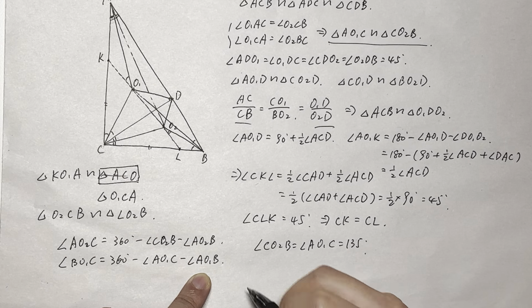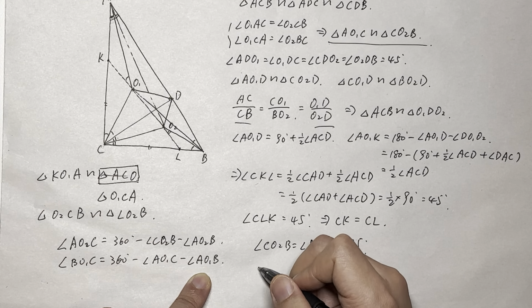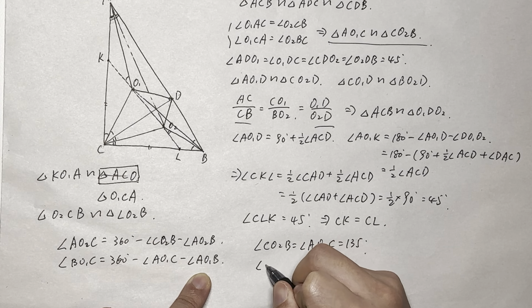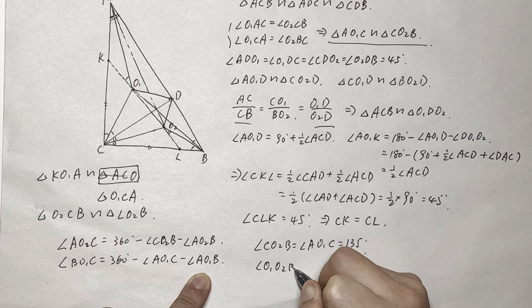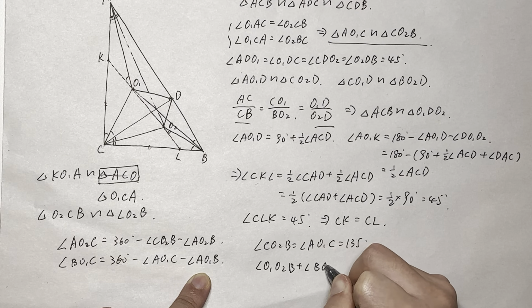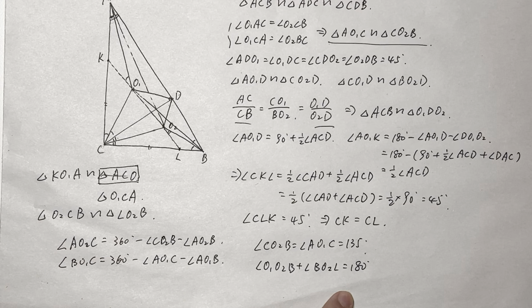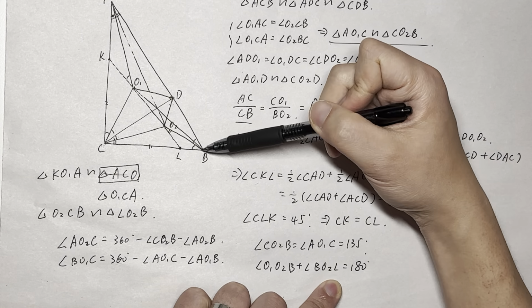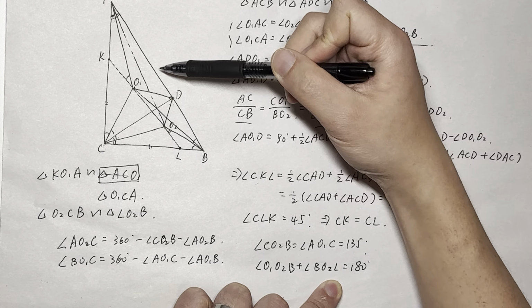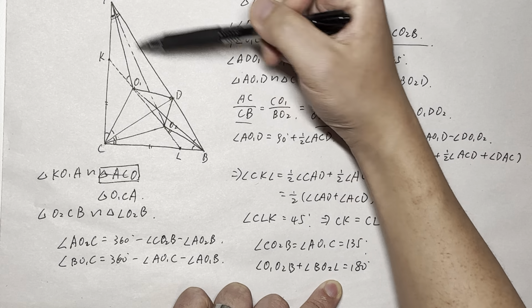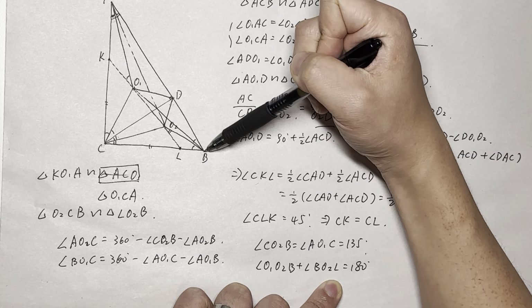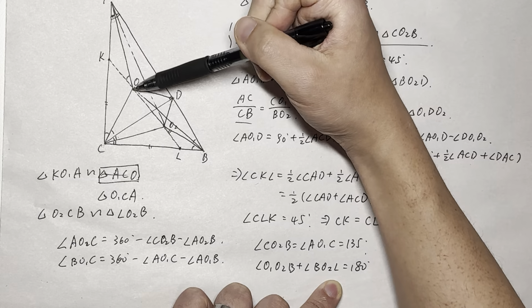And to prove they're cyclic is pretty straightforward because the angle O1O2B plus angle BO2L equals to 180 degrees, right? And we already know that angle BO2L equals to angle BAO1.